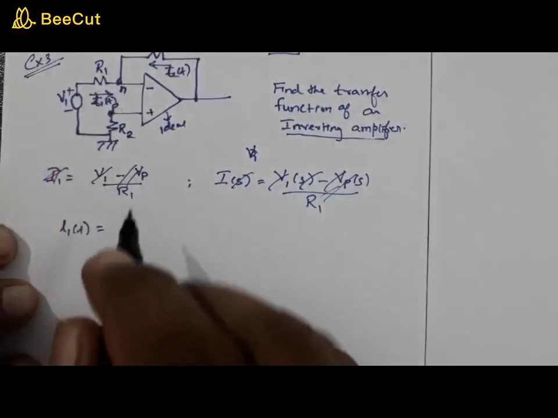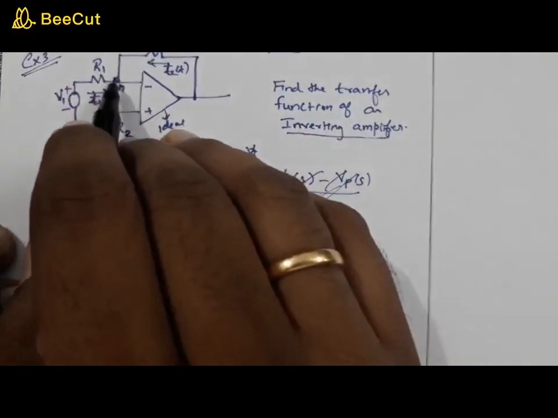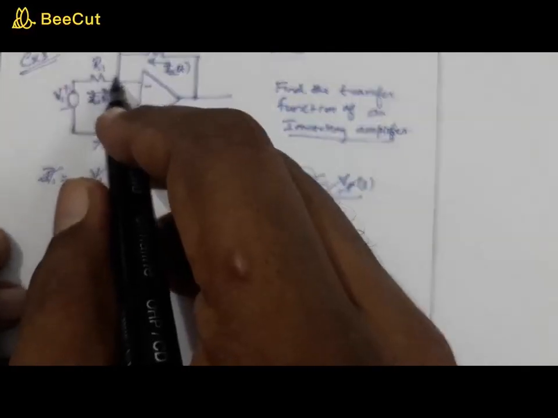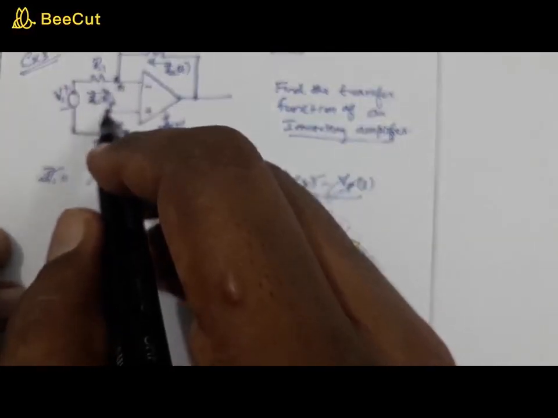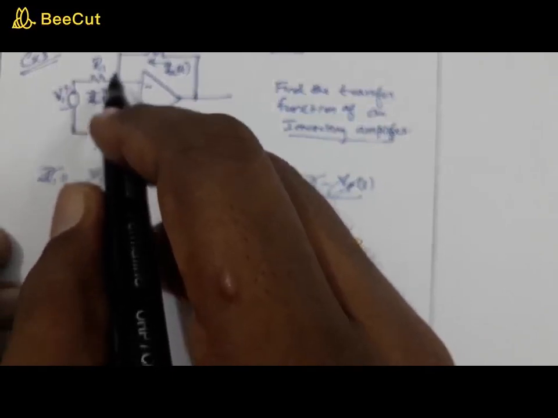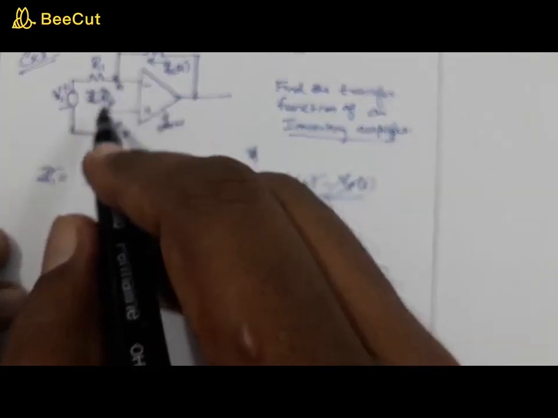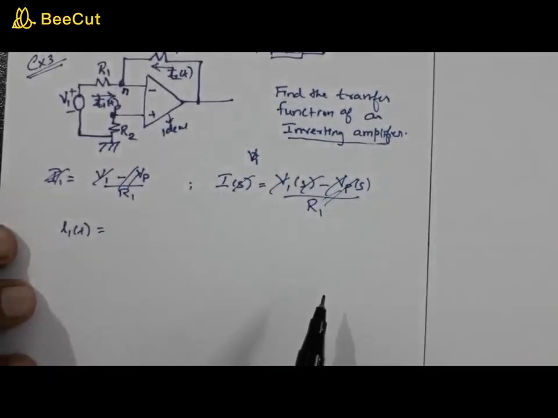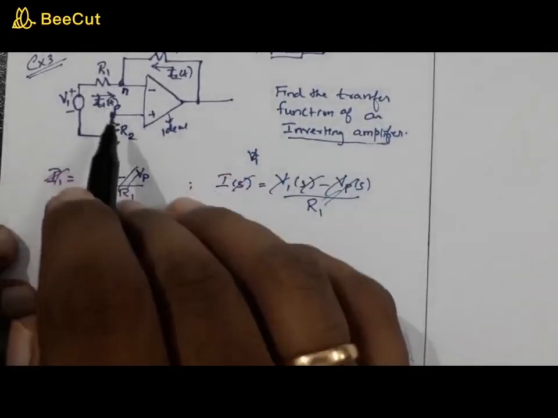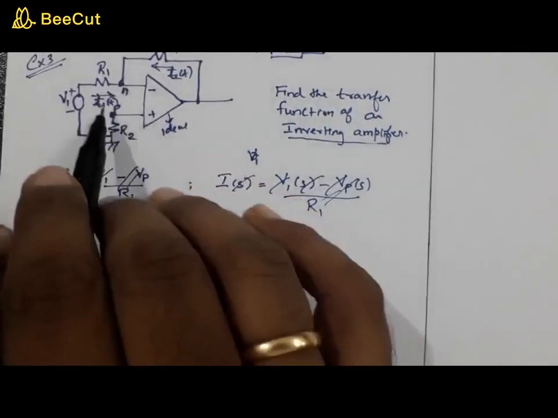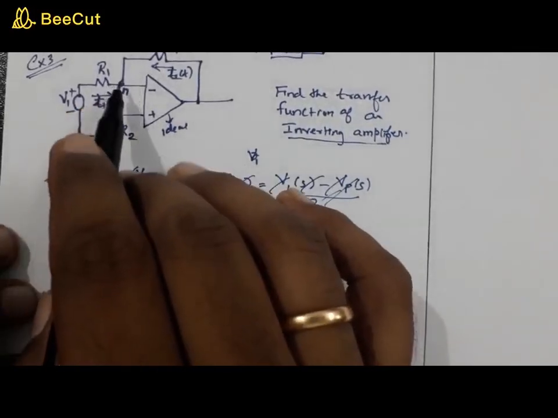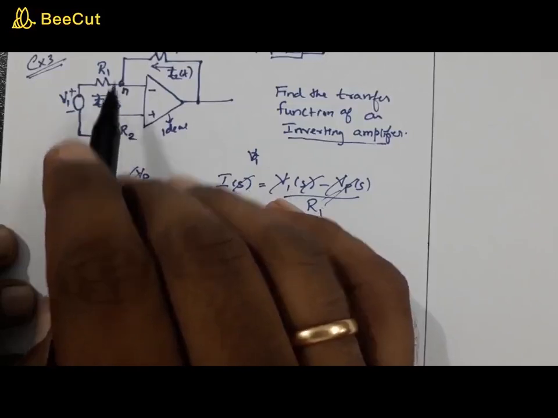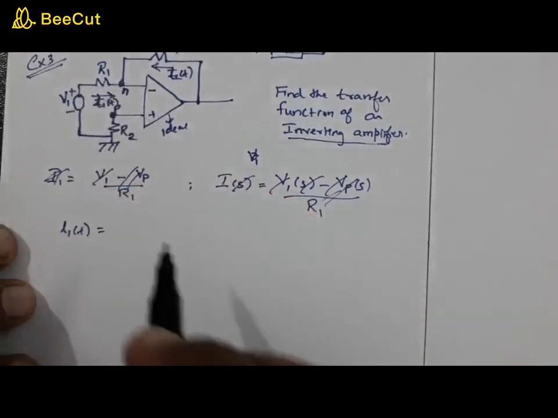The potential at this point will be equal to the potential at the other input, as you might have learned in your op amp course: no current flows, so Vp and Vn are of the same potential.